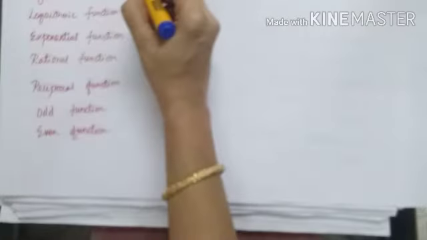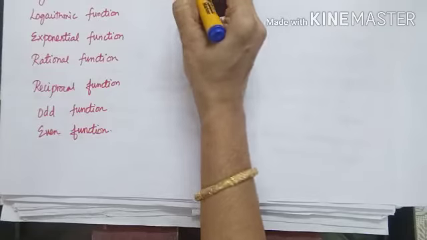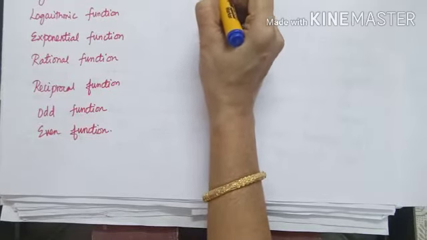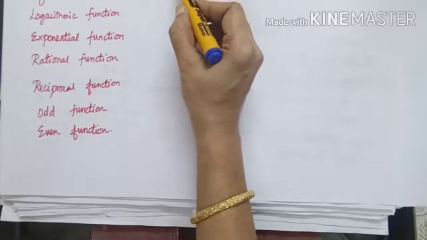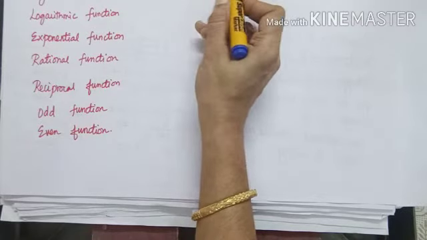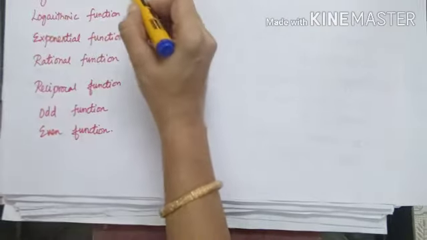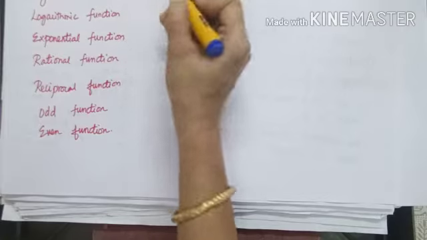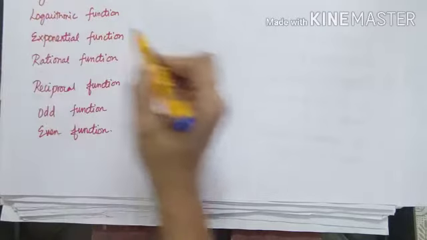When it is a quadratic function, we write like this way. The power is 2. Remember, this also we have studied in 10th. F of x equals ax square plus bx plus c. What is the power? 2. So, highest degree 2 we call quadratic. When the highest degree is more than 2, we can also call cubic, biquadratic, all that, or in general polynomial.